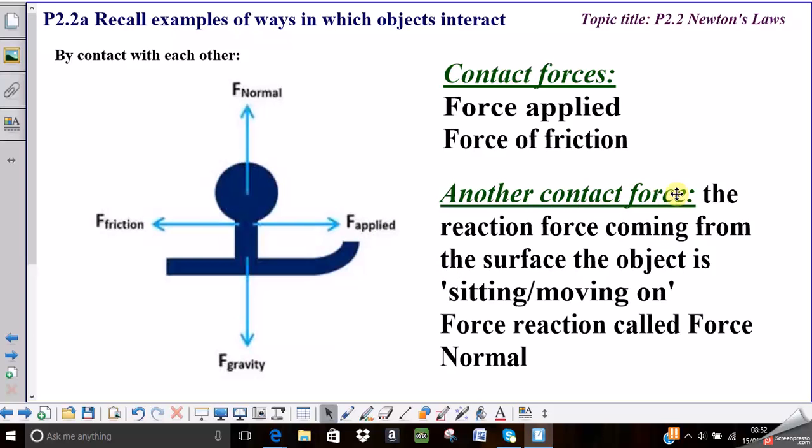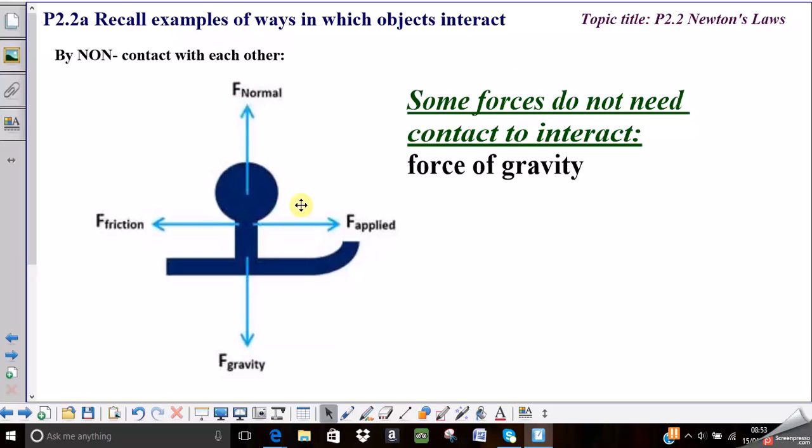Another contact force here is the reaction force that's coming from the surface the object is sitting on or moving on. This reaction force is oriented upwards, because the surface is what the sled is moving on, and this is called the normal force. So we have one contact force, the push force, another contact force, the friction force, and a third contact force, the normal force.